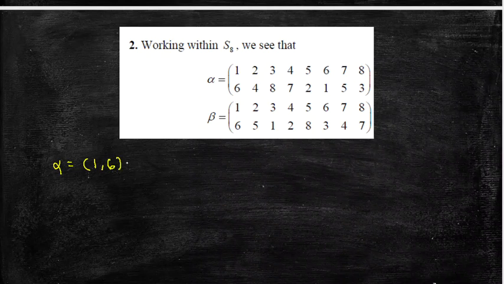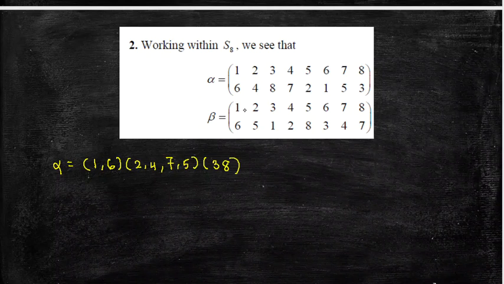Then 2 to 4, 4 is mapped to 7, 7 is mapped to 5, 5 to 2. So we have 2, 4, 7, and 5. What about 3? 3 is mapped to 8, and then 8 goes back to 3. Okay, this is cycle notation.